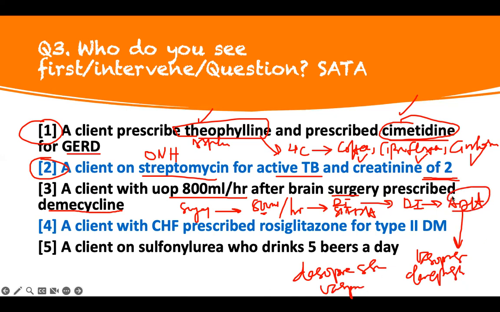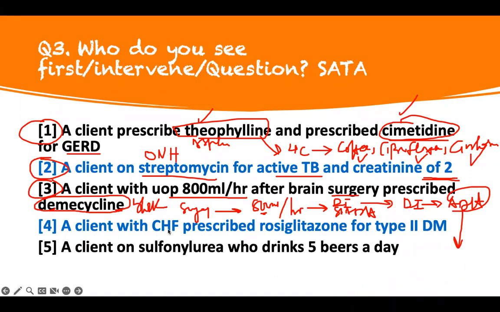We don't have direct ADH. This patient was given demeclocycline. Demeclocycline blocks ADH. That's the wrong medication. We should be giving desmopressin or vasopressin to help with reabsorption of the fluid. Therefore, we need to see this patient, wrong medication. So that's a problem.